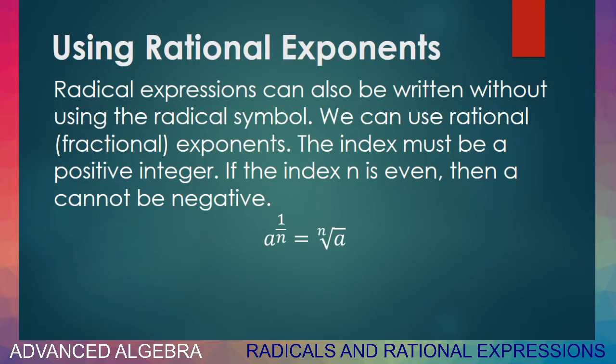If the index n is even, then A cannot be negative. So, bawal daw si A na maging negative. Okay? So, kapag daw even yung ating n, A to the 1 over n yan ha, hindi magkapantay yung dalawang yan.